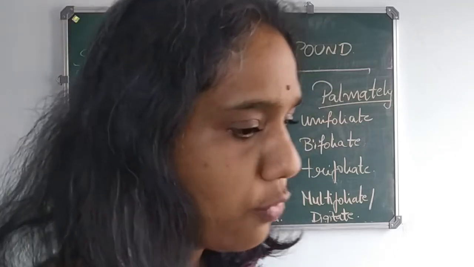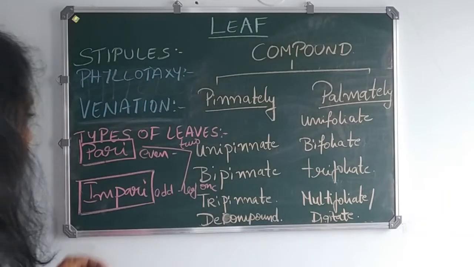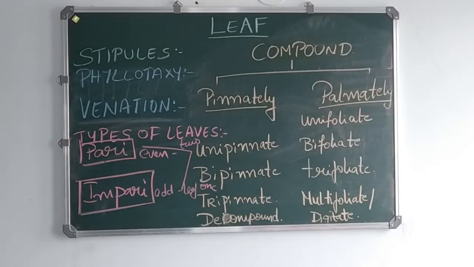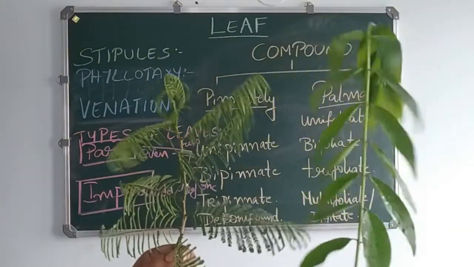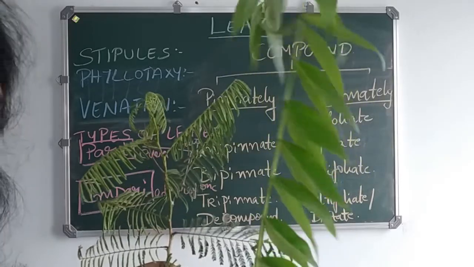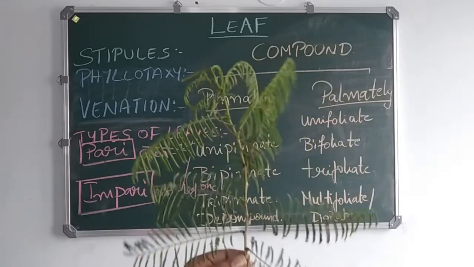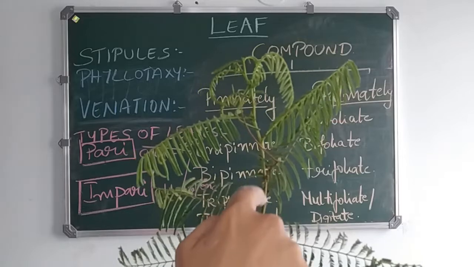Next we are going to go for the bipinnate. Here, the example for bipinnate is acacia. So here I have the acacia plant also for you to show. Students, see, this is unipinnate because there is a single rachis and there is no bifurcation of this rachis into another rachis. But here in acacia, what has happened is, this is a main stem.